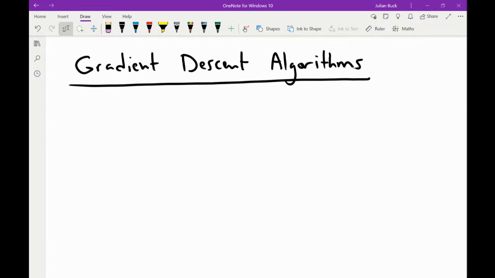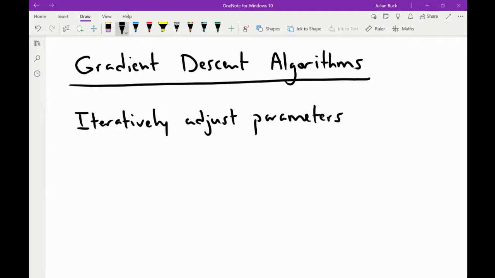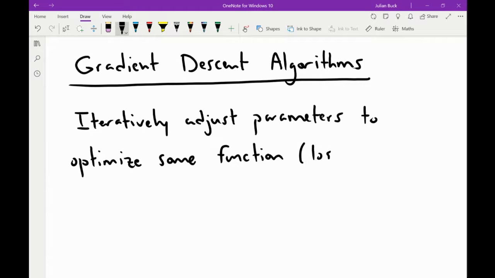The idea is we want to iteratively adjust parameters to optimize some function. In our context, we usually think of this as a loss function. You could call it a cost function, depending on the context. You adjust your parameters and move around in the space.